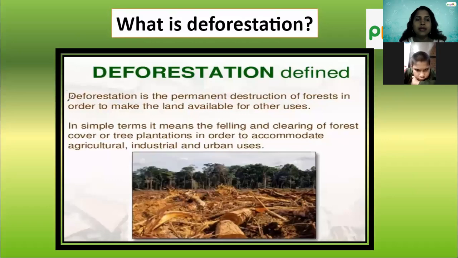Now in your notebook, write down these 2 lines. First 2 lines, write down. Deforestation is the permanent destruction of forests in order to make the land available for other uses.